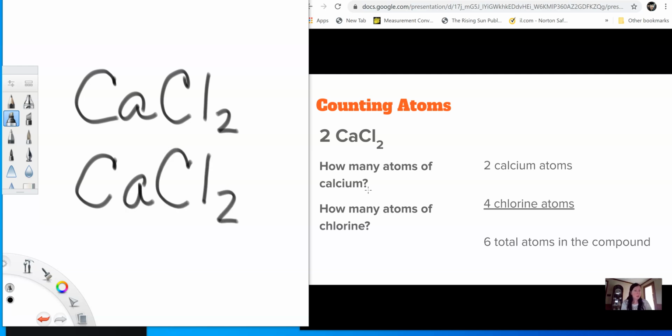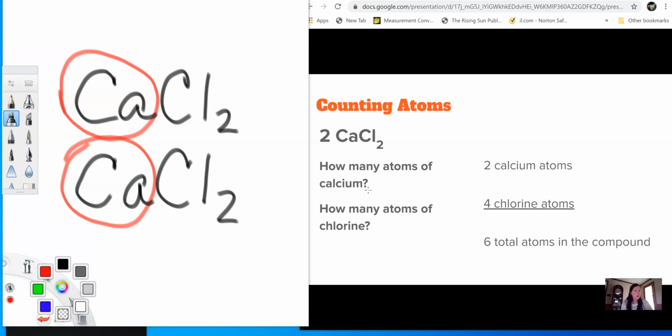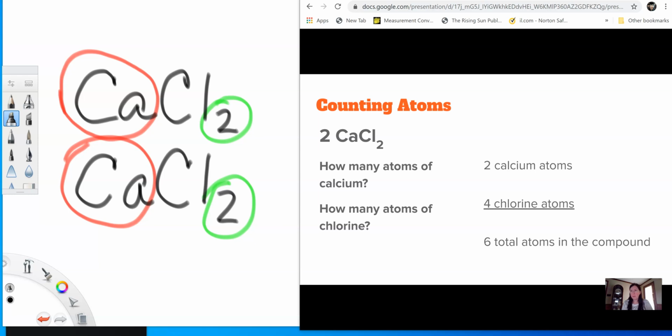Okay, so this is our 2 calcium chlorides. So if we are counting them, we're counting how many calcium we have. Clearly 1 here, 2 here. Okay, and that's where we get our 2 from. So then if we're counting our chlorine, we see that we have 2 chlorine here and 2 here. So that's where we get our 4 from. So for those of you that helps visually, that's where we're getting them.